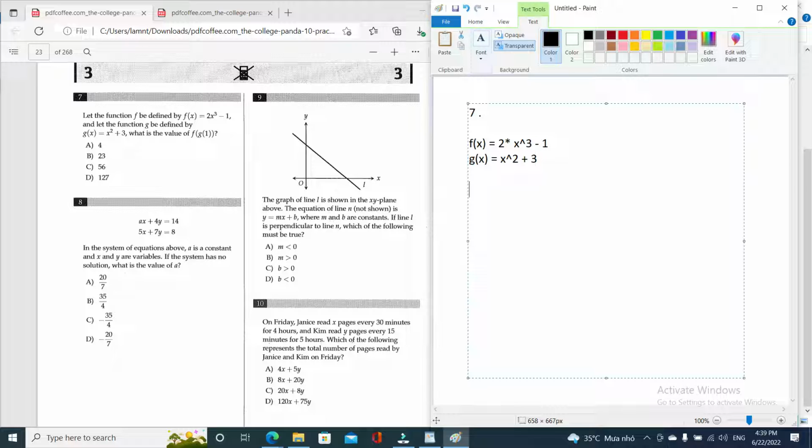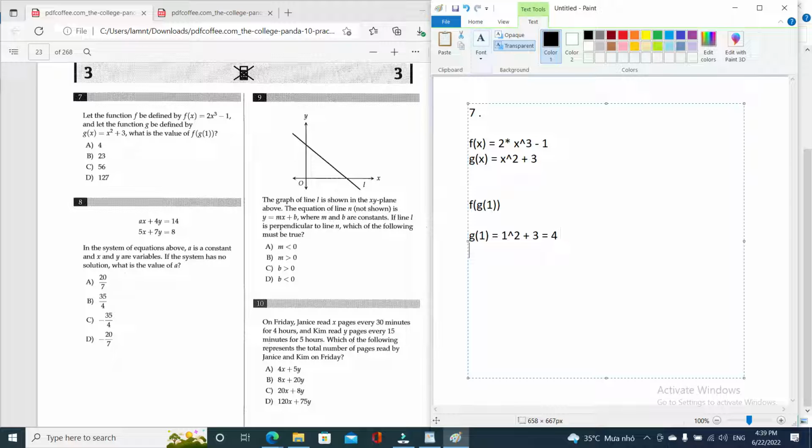They ask us to calculate f of g(1). First of all we have to calculate g(1). Everywhere there is x, we replace it with 1. So g(1) is actually equal to 4.